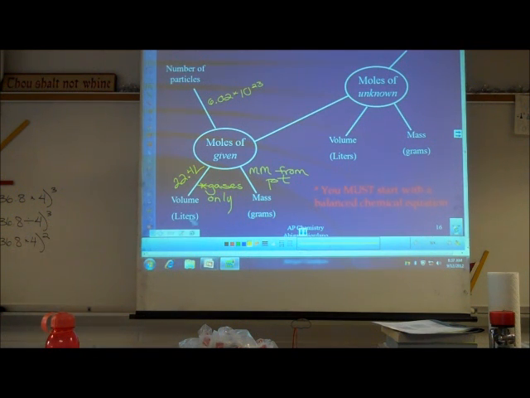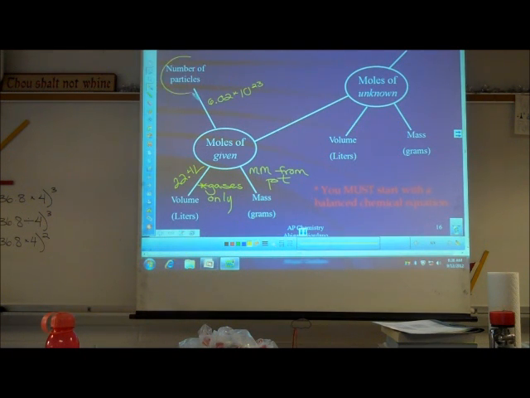And what I'm trying to show you in this diagram, folks, is that no matter what unit you are given, atoms, grams, liters, whatever, you cannot convert into your unknown without going through moles. Okay? You cannot go directly from atoms of a reactant to liters of a product in one step. You can't do that.